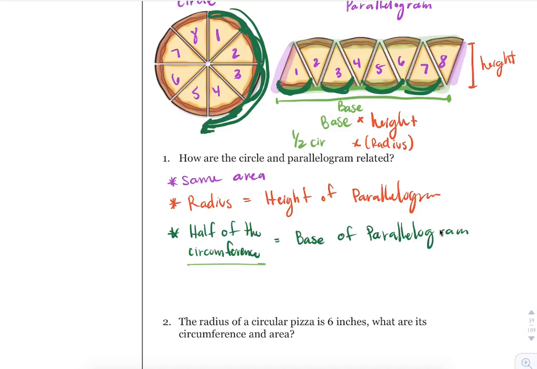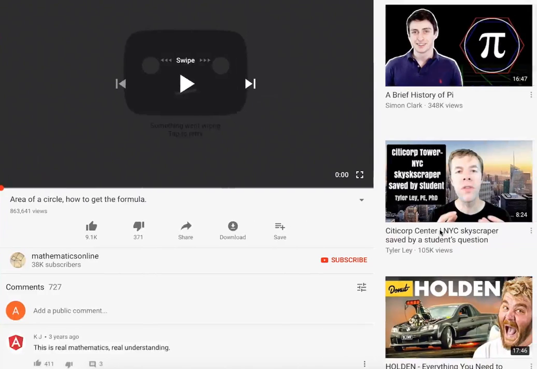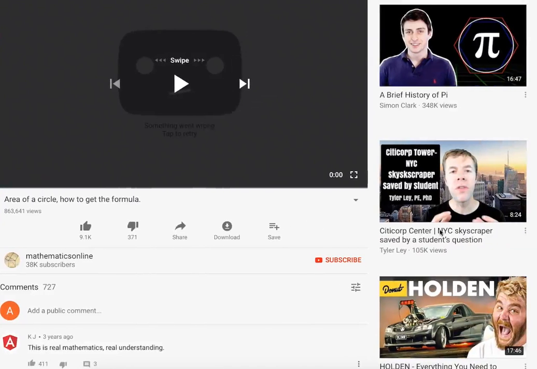One half circumference. I'll just put circ, so it fits. So that's our equation. It should end up to be pi r squared. I'm going to play a video for you guys so you can see what it looks like. Area of a circle.